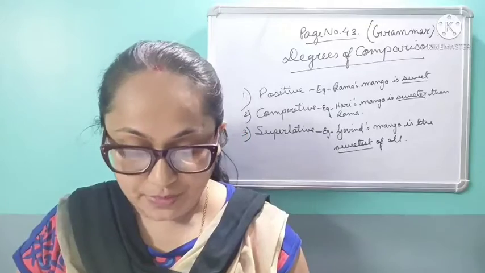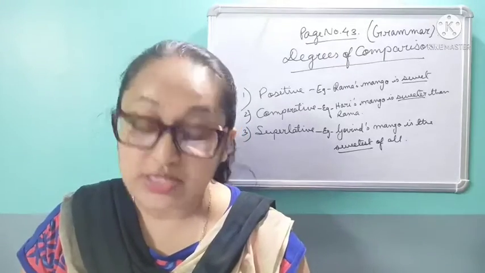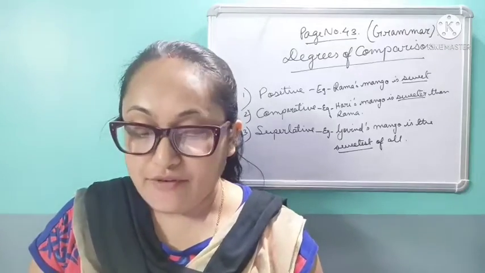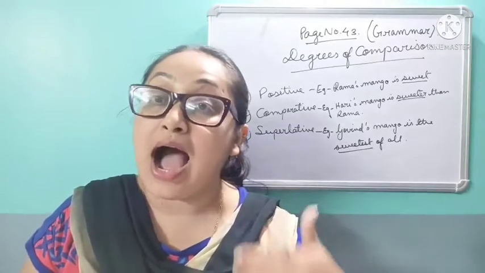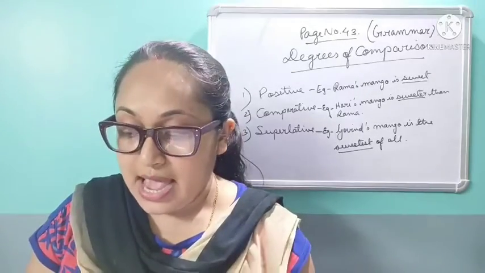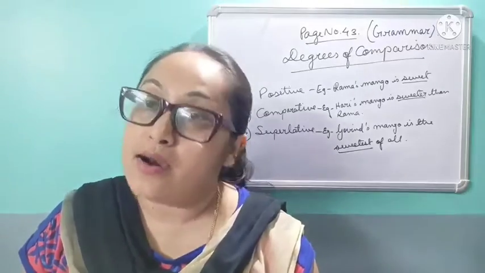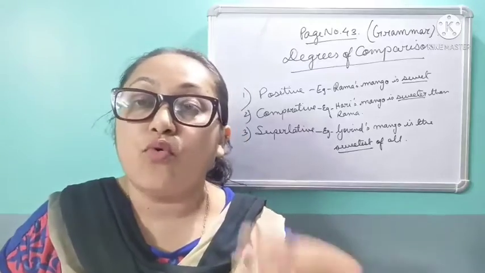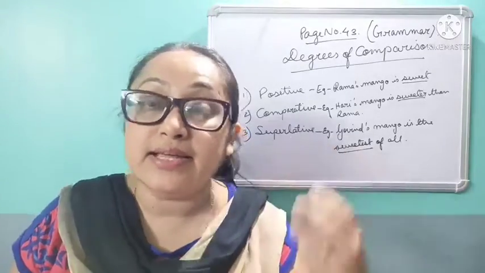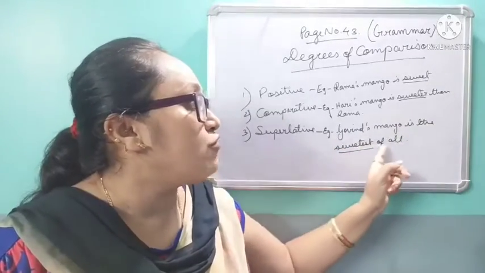Clear? Now coming to superlative degree. The superlative degree of an adjective denotes the highest degree of the quality and is used when more than two things are compared. For example, Govind's mango is the sweetest of all.